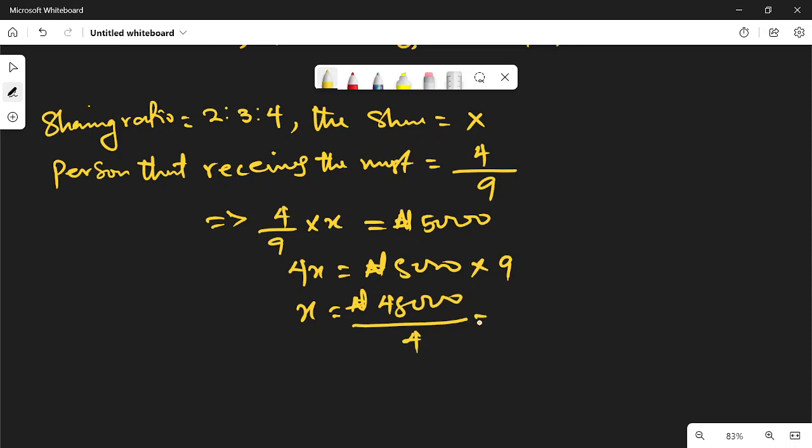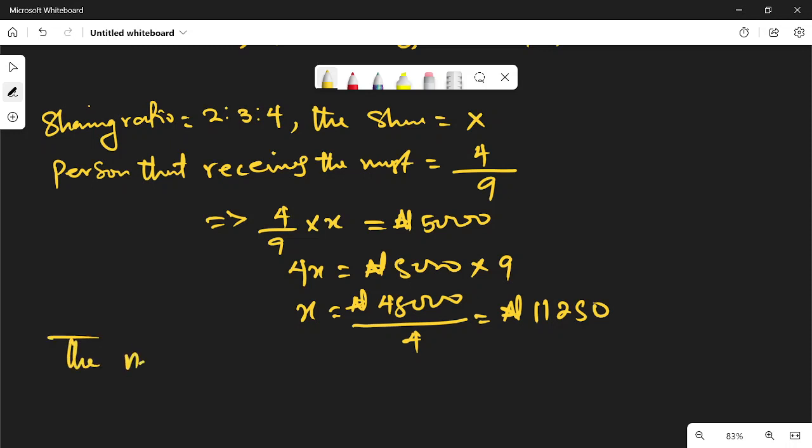Divided by 4, that will give us 11,250. So if the total money that they are sharing is 11,250, and we are told that the next person to join in will be 3x, right?